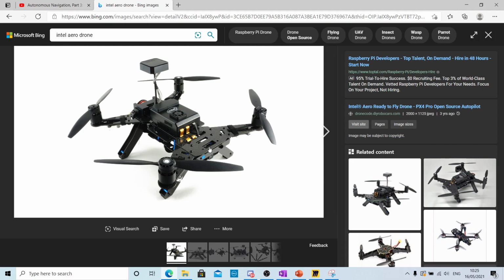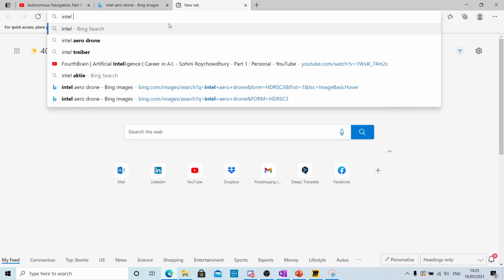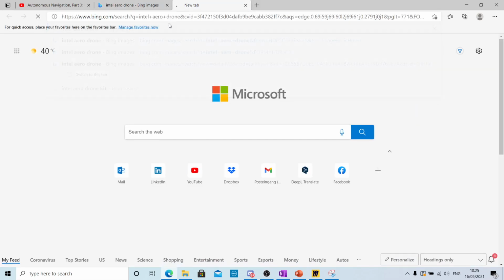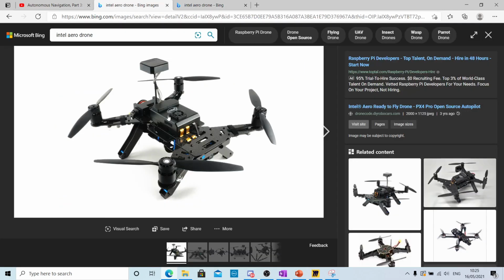This camera is doing the visual SLAM. The processor was very old, and I can check the specs. I don't remember exactly, but I was having trouble with visual SLAM because of this really small processor, because this drone is not designed for that.